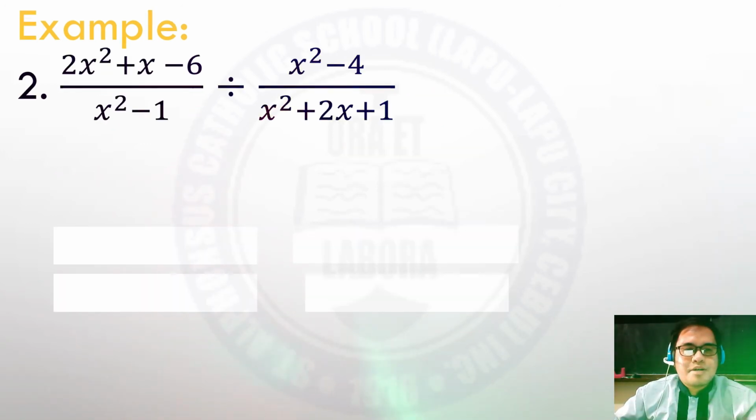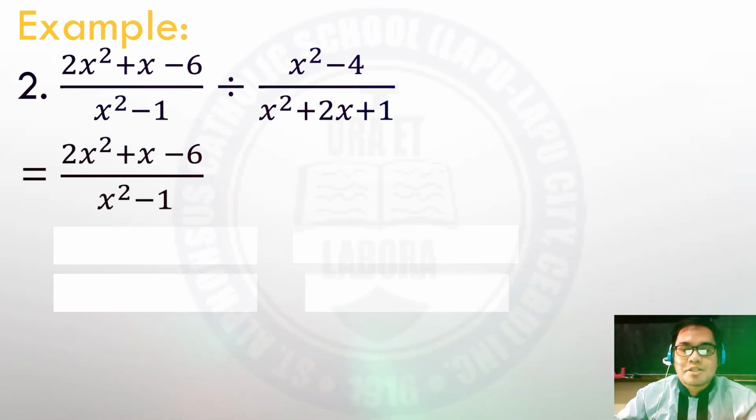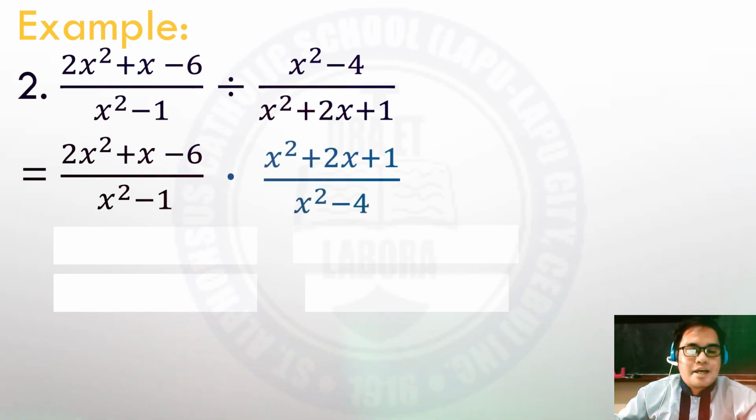So if we are going to find the quotient of these two rational expressions, first and foremost, you are going to rewrite the first rational expression, change the sign of division to multiplication, and then get the reciprocal of the second rational expression. And then let's investigate if the numerators and denominators have factors.